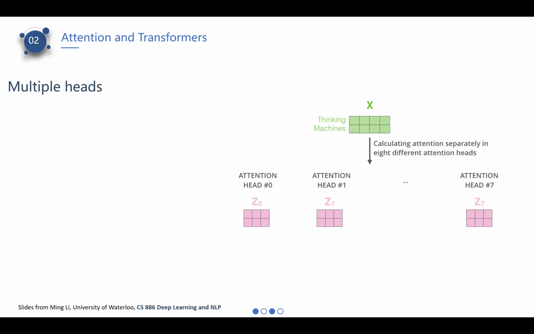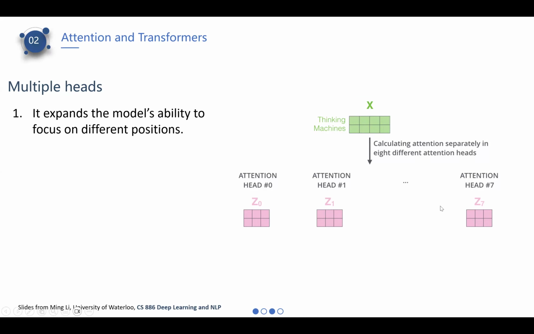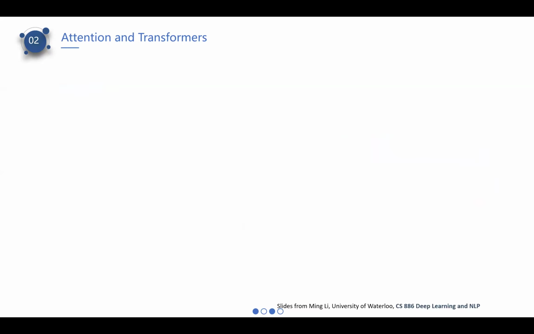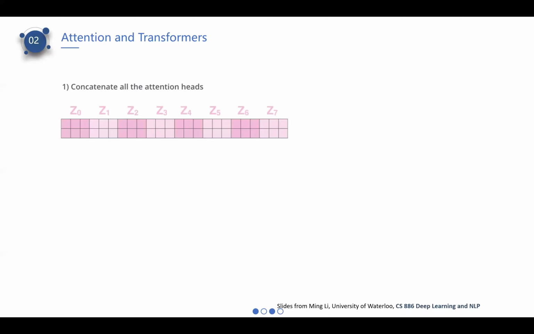The same thing, we just keep repeating, but in this case we will randomly initialize, so they will become different. So we will have attention head 0, attention head 1, up to 7. And then it will expand the model's ability to focus on different positions. And each layer will have its own subspace and so on.